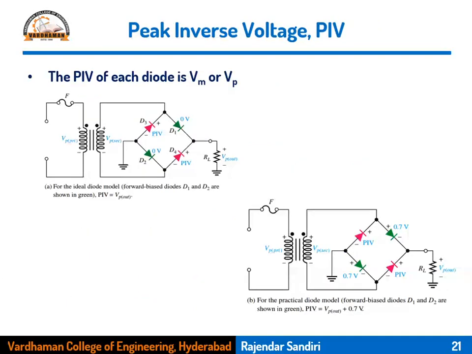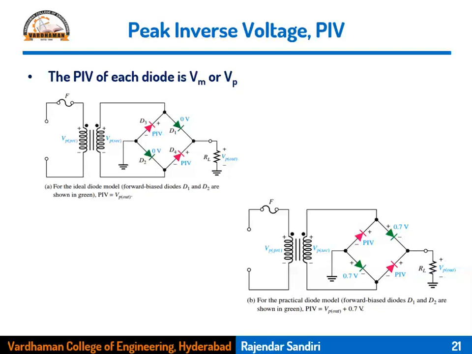And next one is peak inverse voltage. In the circuit diagram for ideal diodes, at a time two diodes are on. The peak inverse voltage in the full wave rectifier we got as 2 Vm. Here also the peak inverse voltage is 2 Vm, but at a time two diodes are on.